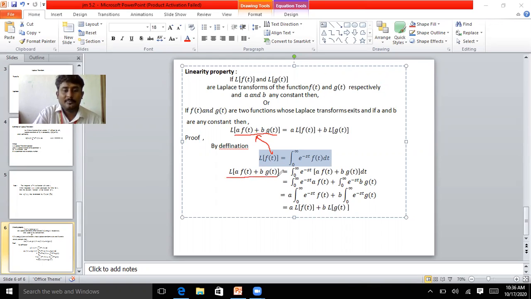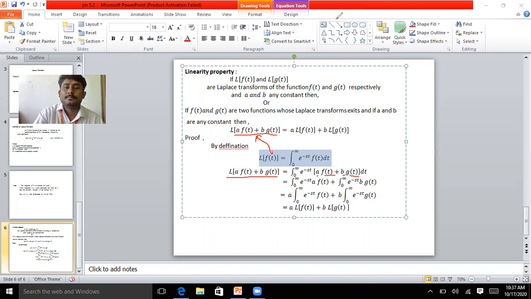The Laplace transformation of a f(t) plus b g(t) is equal to the integral from 0 to infinity of e to the power minus st times a f(t) plus b g(t) dt.